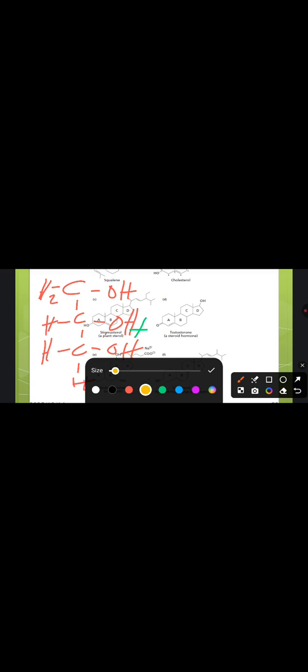Let me draw it, just see how I draw it. Let's say we have glycerol here plus 3 fatty acids. As I said, this is a fatty acid, right?